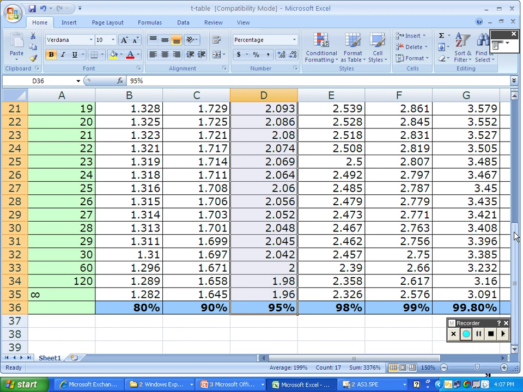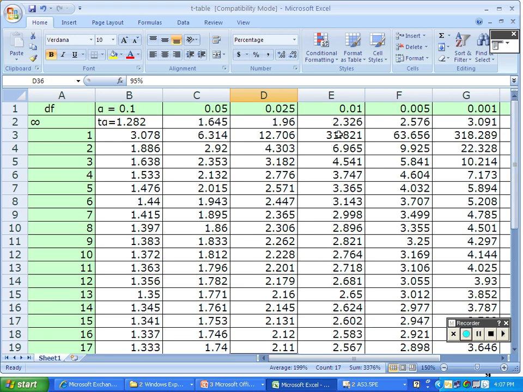One thing I should mention is look how ridiculously large the numbers are up here when you've only got 1 degree of freedom. In order to be sure that you have only 1% of the data above you, you have to move almost 32 standard deviations to the right of the mean, which is, I mean, typically with a normal distribution, once you've moved 3, almost all of the data is below you.